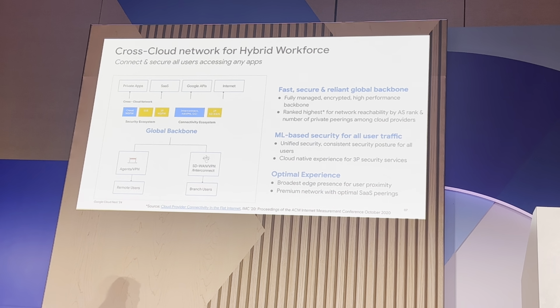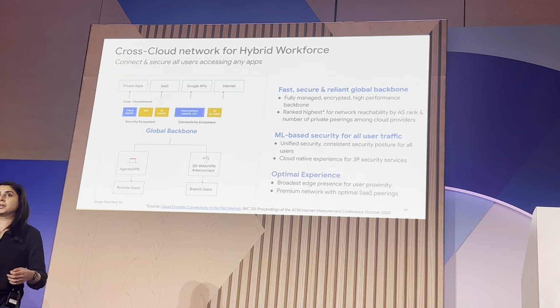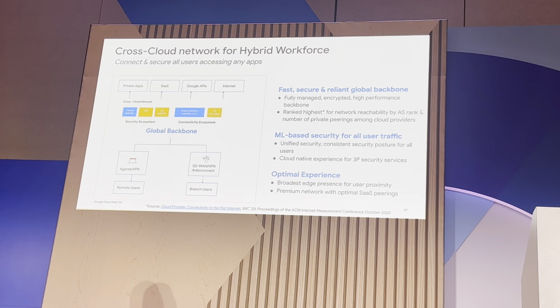And you can bring in any locations in any regions without having to call us to set up a circuit for you. Our premium network extends our backbone closest to the user. We have more than 187 POPs in 200 plus countries, and you can advertise your service IP through each of our edge POP locations to bring the traffic into the Google network from our closest location.